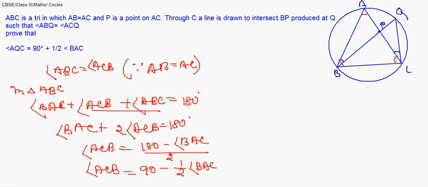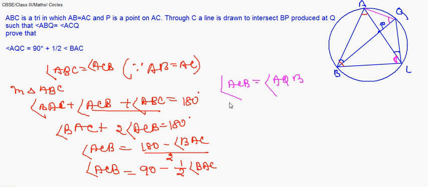On the other hand, if we observe carefully, we would see that angle ACB, this one, is equal to, we'll also need to join this part, AQB. They are on the same segment. ACB equals AQB.